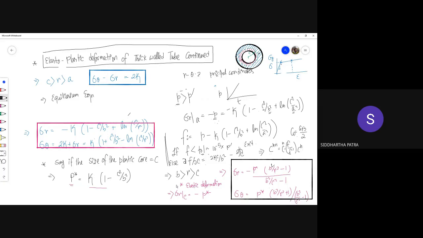Now let's look at some of the expressions. So this is the expression for P, right? K times 1 minus C squared divided by B squared plus ln of C squared by A squared. Now check, if I take C equals A, what is the value of P that I get?